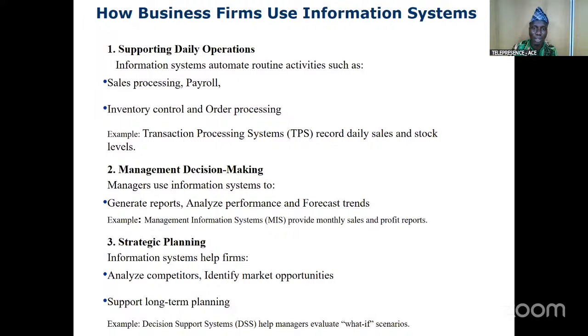How business firms use information systems. Two, management decision making. Managers use information systems to generate reports, and that is very good. It makes the work of the managers very easy. They analyze performance and forecast trends. You can forecast your sales.